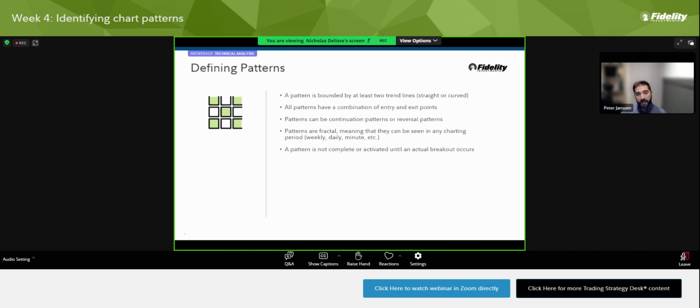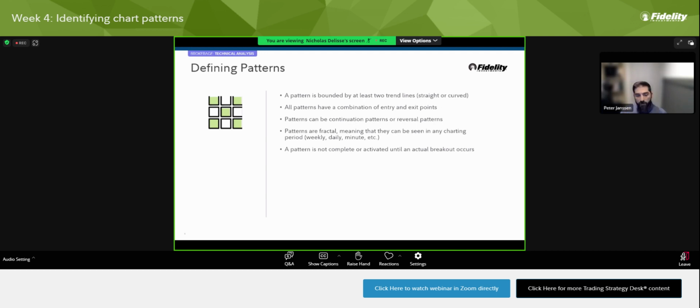Secondarily, a pattern may have had a breakout that was a false breakout. Maybe it broke that neckline for a day or two, Nick, but then got right back up to where the shoulder was for that head and shoulders pattern. You want to be mindful of a pattern not being complete, and of a potential pattern getting invalidated by a false breakout, like we talked about a little bit before.